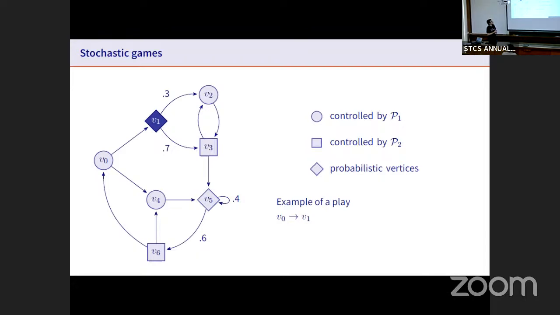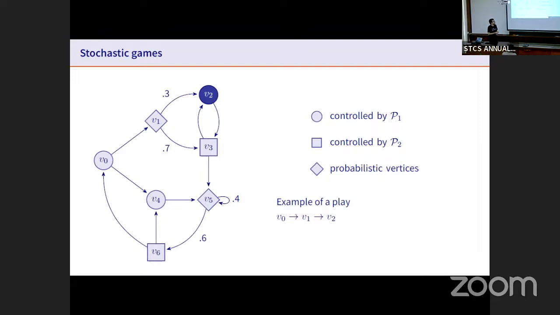As part of the input, we are given a probability distribution over the out edges of probabilistic vertices. So over here, we have a distribution of 0.3 and 0.7 over these two edges. Now one of those two edges will be chosen according to those probabilities. Let's say the top edge was chosen. So the token moves to V2 and that turn ends.